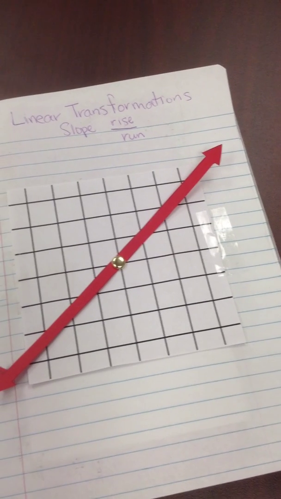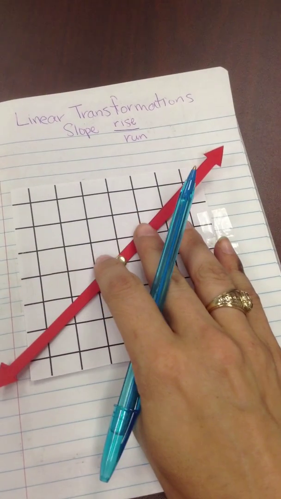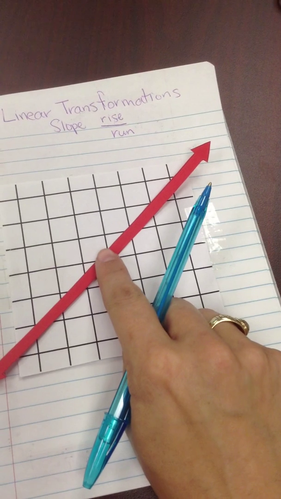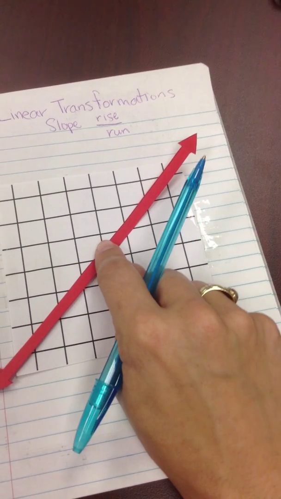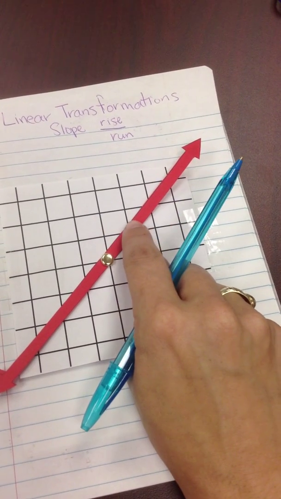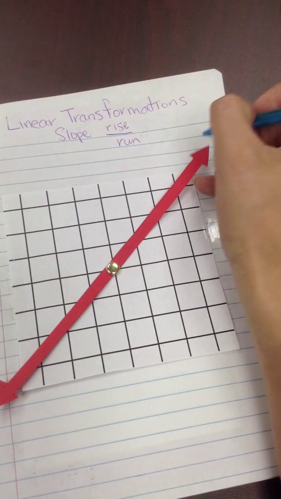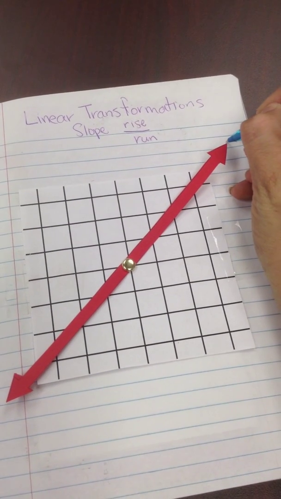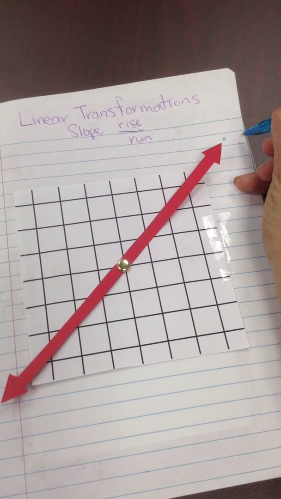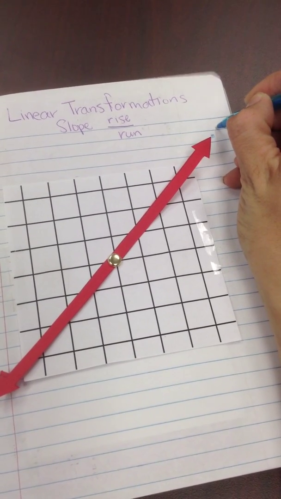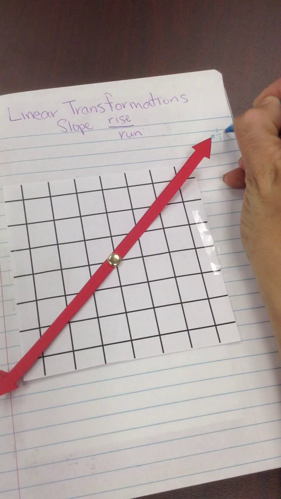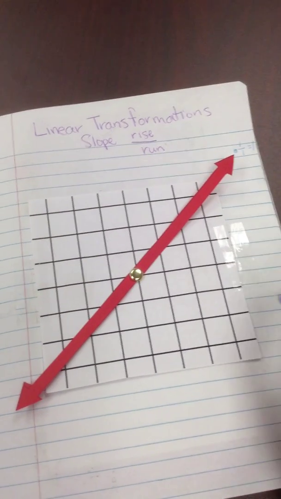Rise over run. So here we go. When we look at our slope spinner, if I have a point right here, I rise one and I run one, my slope would be 1 over 1. We're going to put a point at the end of our arrow. And our slope was 1 over 1, rise 1, run 1, so the slope is equal to 1.